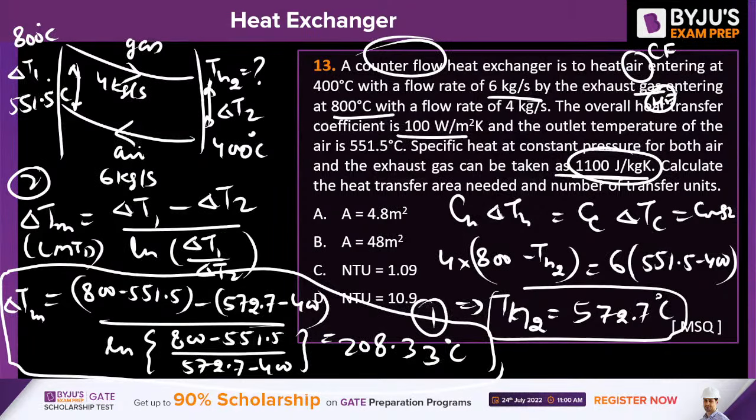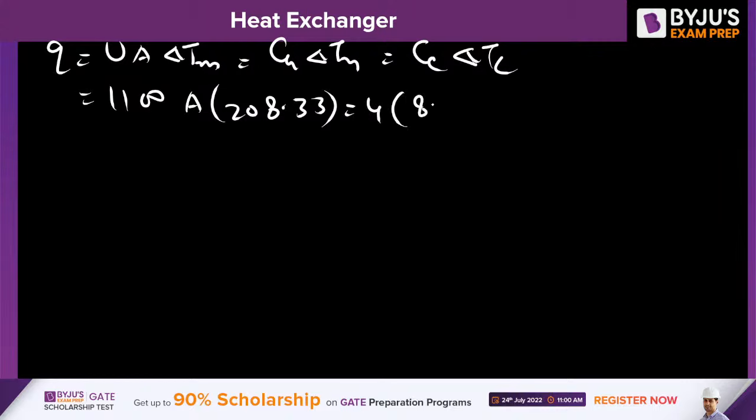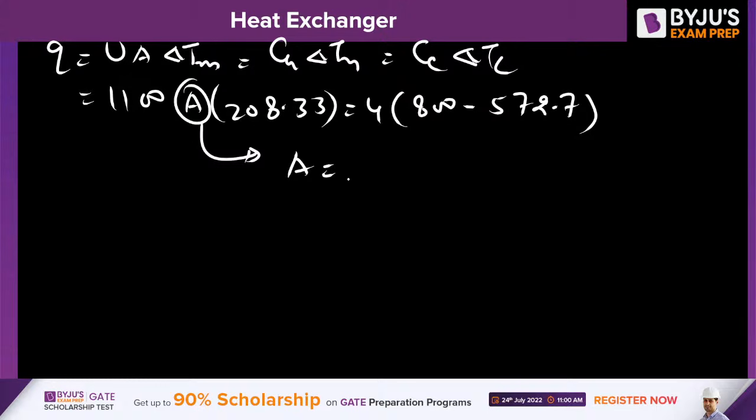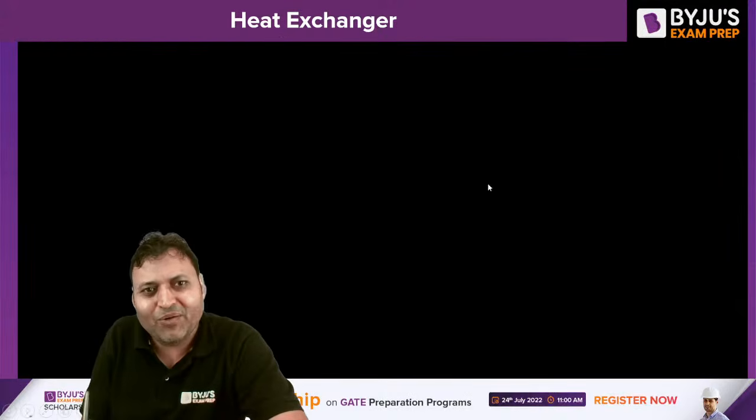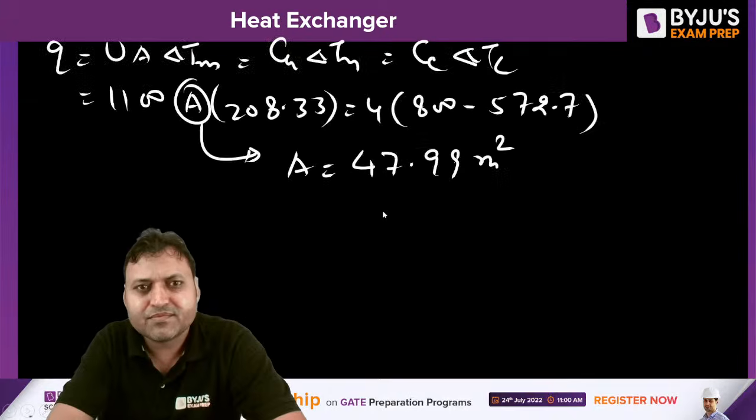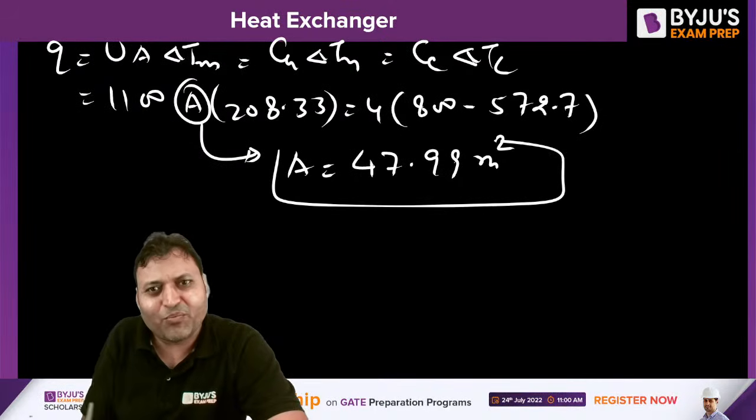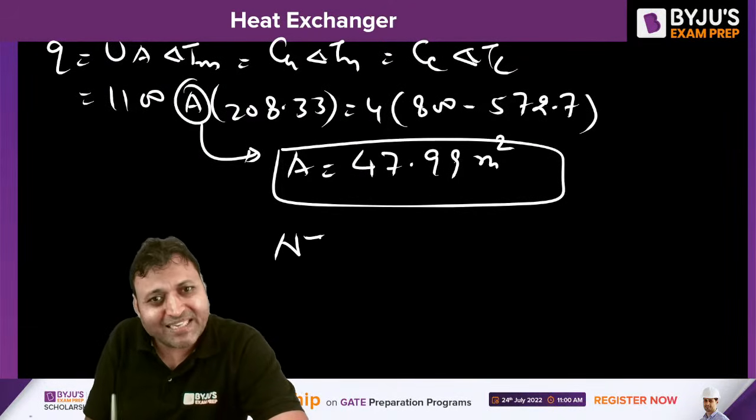That is 4, and 800 minus 572.7. That will give you the area. If you calculate, the area will come out to be 47.99 meter square, something around 47.99 meter square. That will be the area. And what is NTU?